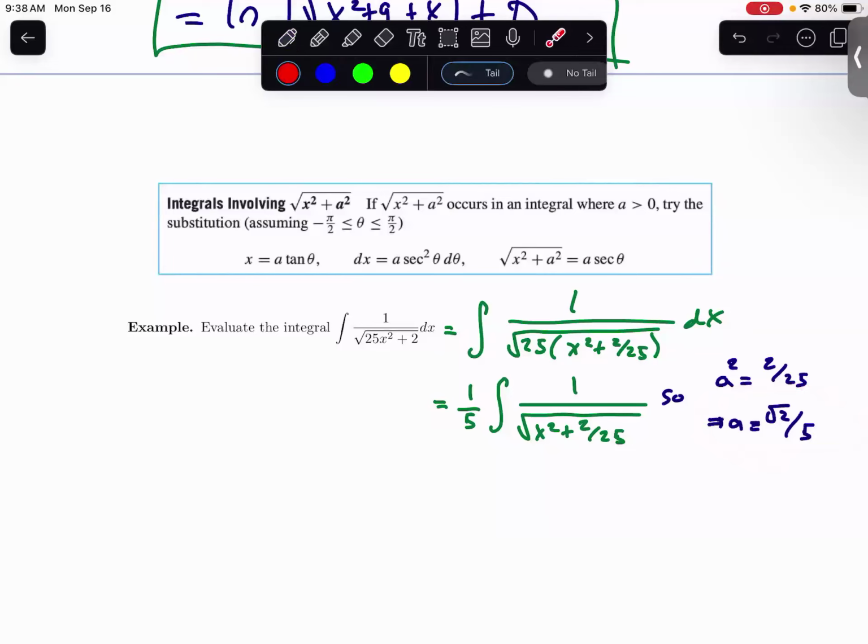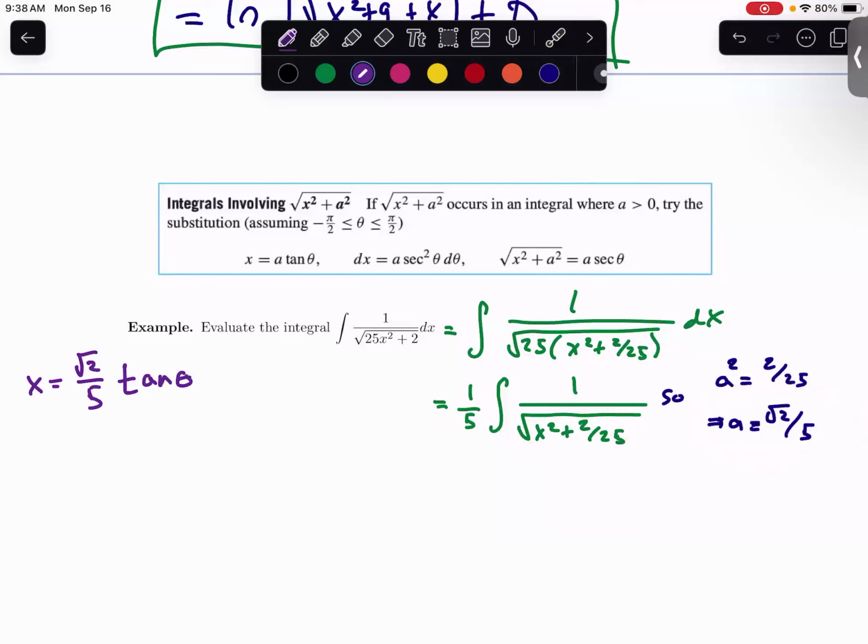So we have the square root of x squared plus a squared here. So we want to use x equals a times tangent theta. a in this case is the square root of 2 over 5. So x is equal to the square root of 2 over 5 tangent theta.